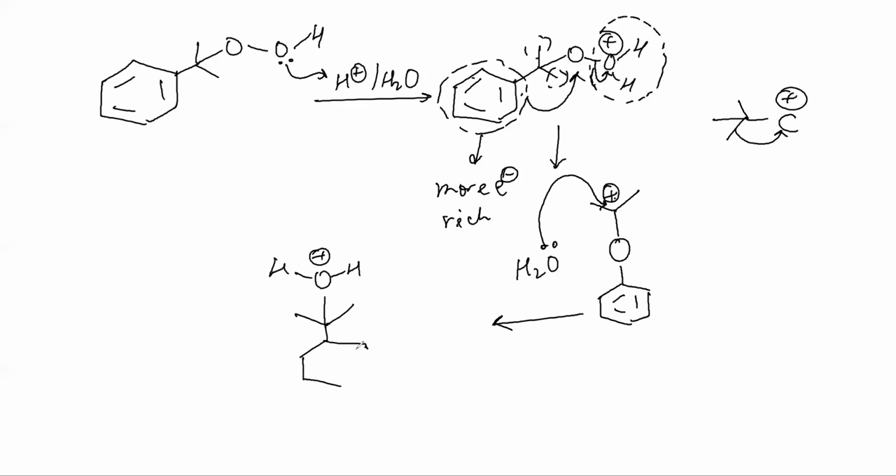Now oxygen has made three bonds again, so it will break one of its bonds like this. And don't worry about this H. This H will be accepted by this oxygen.